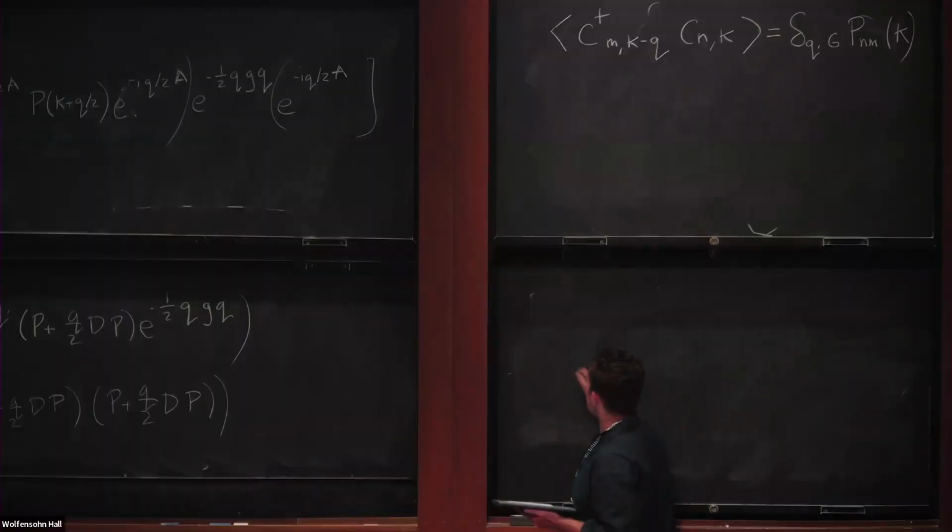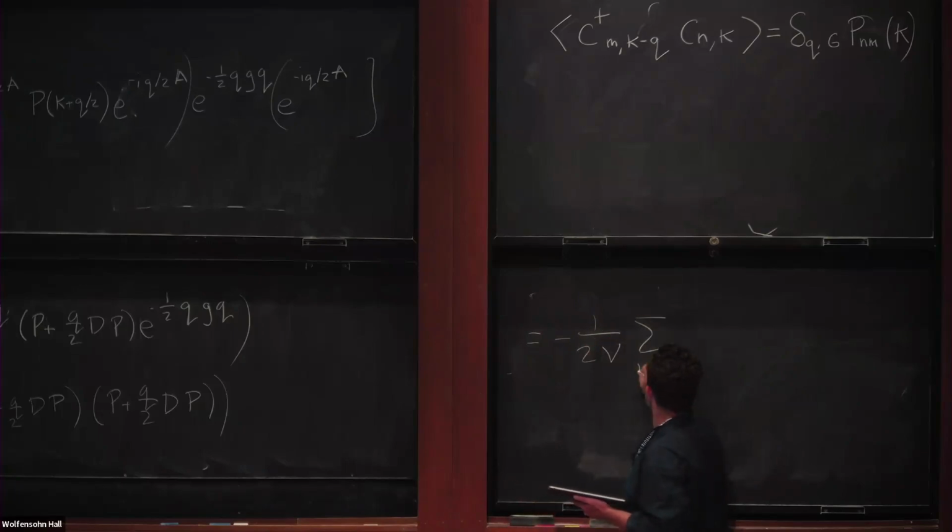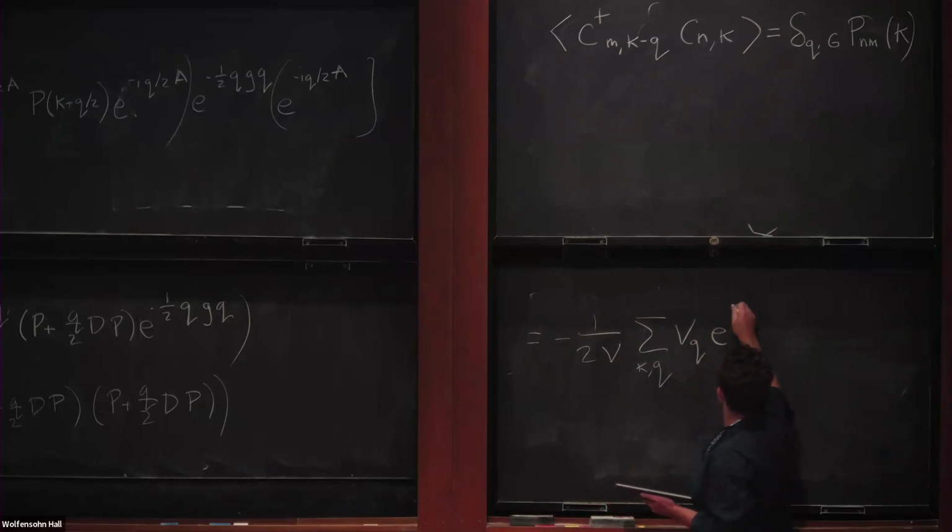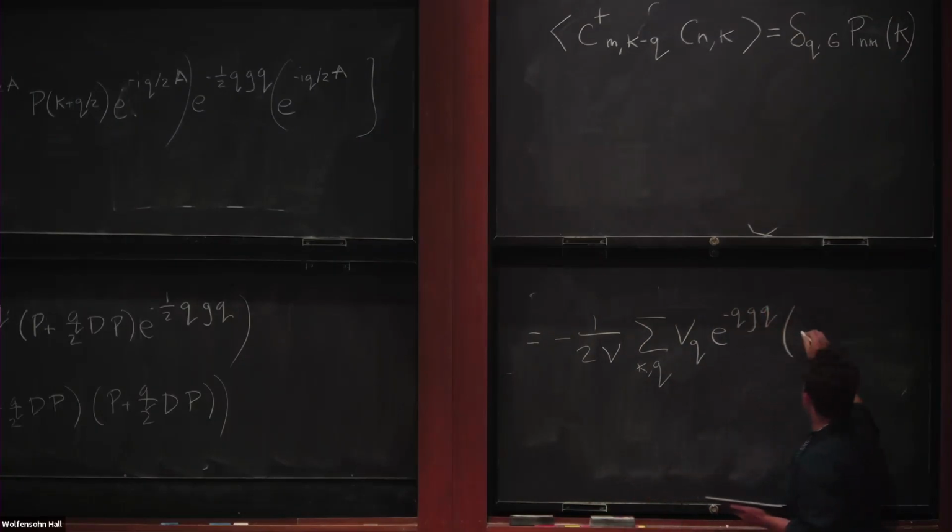And so the net takeaway then is that the Fock energy takes this really cool form: 2 V, sum over q, V q e to the negative q g q, times the trace of P, which is exactly just the local filling factor.